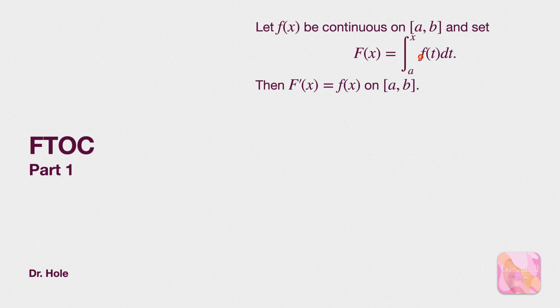And as integrand, let's use this continuous function f. Very good. Then FTOC Part 1 says that every continuous function has an antiderivative. Remember that an antiderivative of a function is another function such that its derivative is equal to the given function.